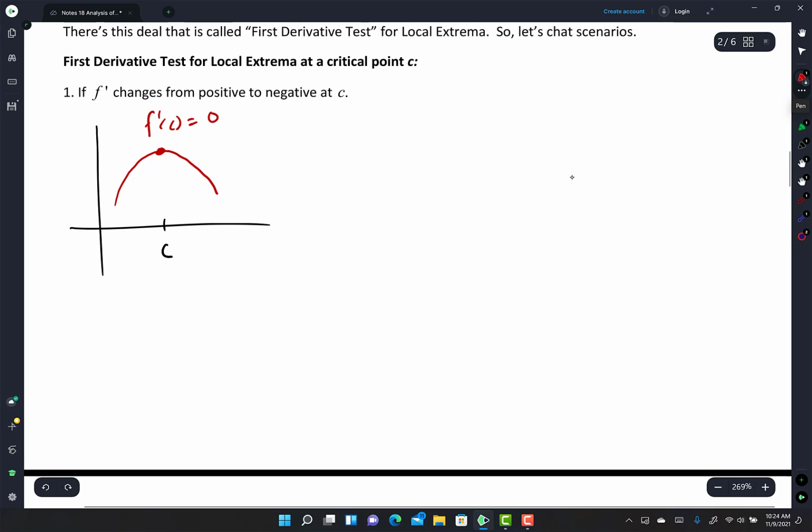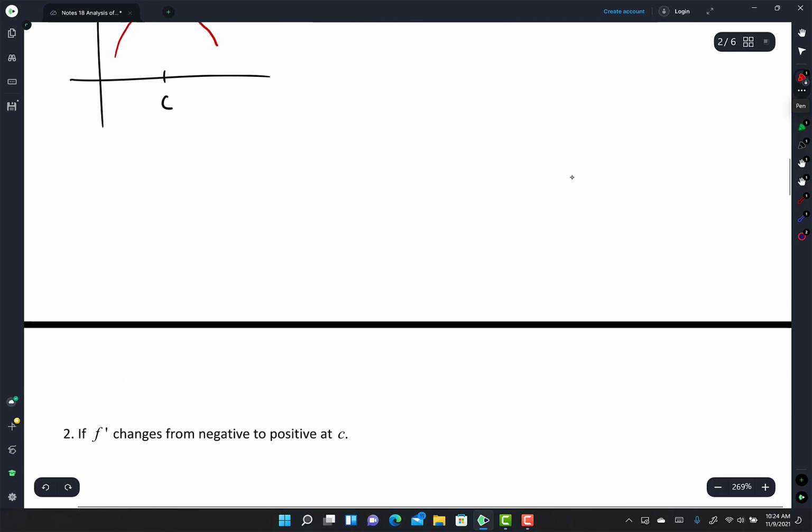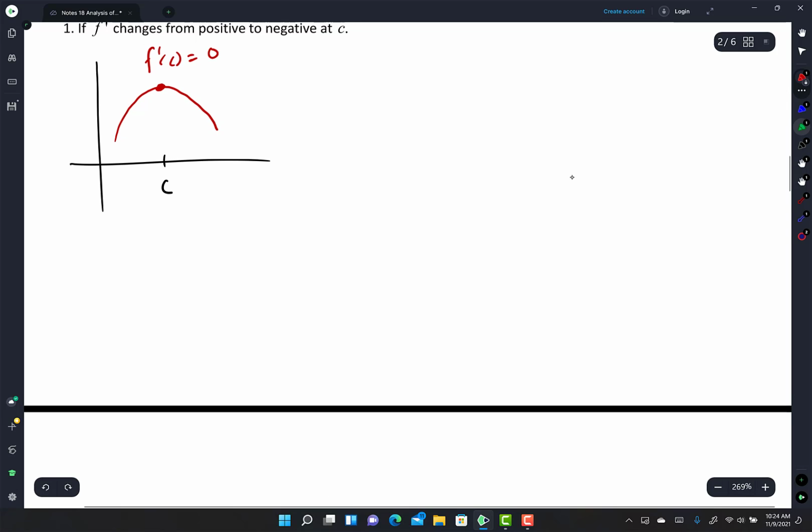What did I use for positive? Blue. I'm trying to keep the same color scheme for you guys. F prime positive, f prime negative. Do you guys notice how we have a max there?